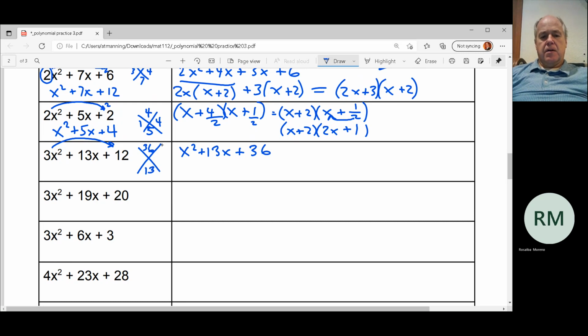Let's see here. 1 times 36, 2 times 18, 3 times 12, 4 times 8, 4 times 9. 4 times 9 gives us 36. 4 plus 9 gives us 13. So that becomes x plus 4 times x plus 9.